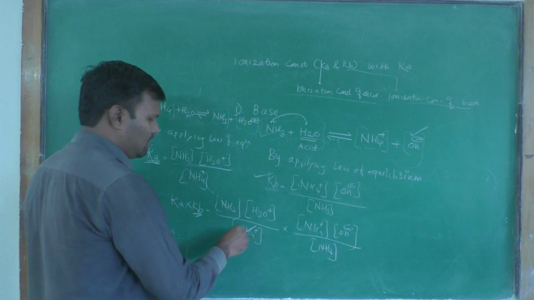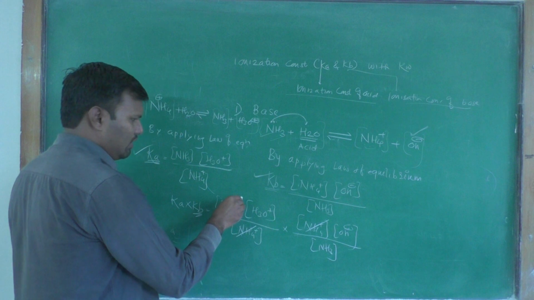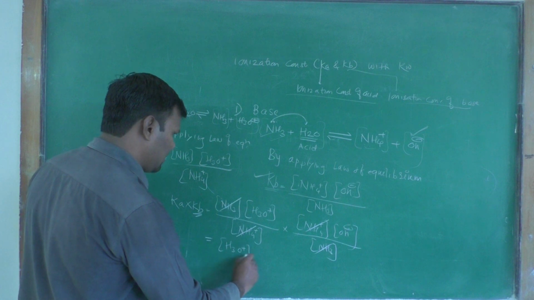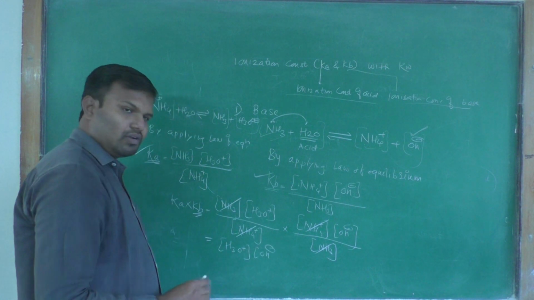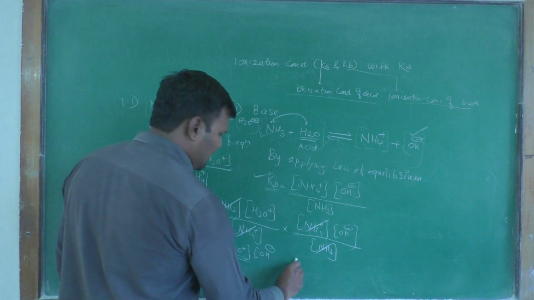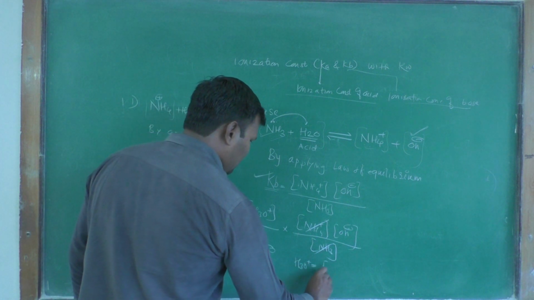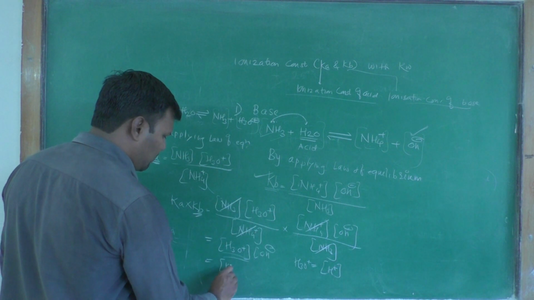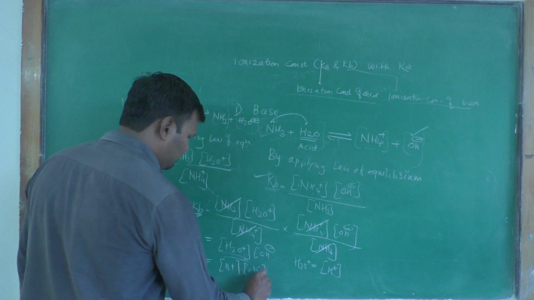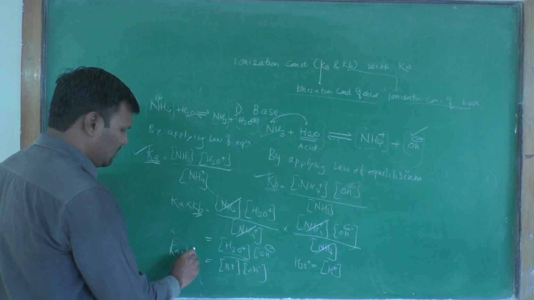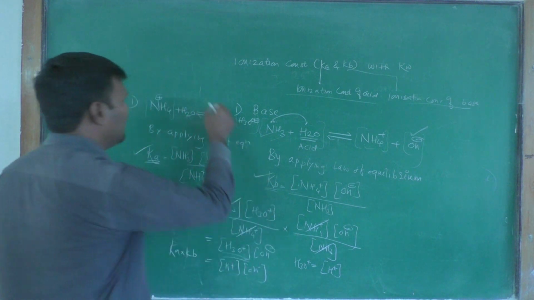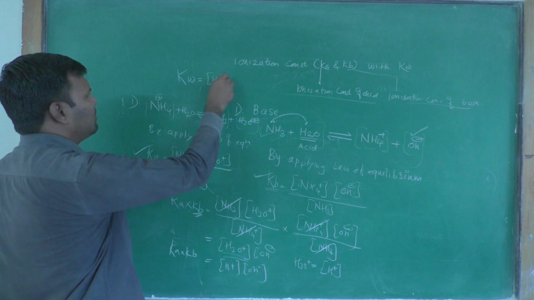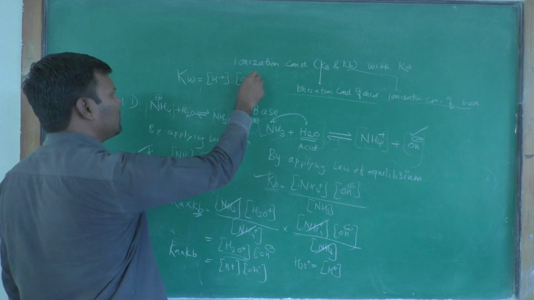The same terms cancel: NH3 and NH3 cancel, and NH4 plus cancels, so you obtain H3O plus and OH minus. H3O plus is nothing but the concentration of H plus ions, so we obtain H plus and OH minus ions. Therefore Ka into Kb equals Kw, the value of Kw we found recently, which is the concentration of H plus ions into the concentration of OH minus ions.